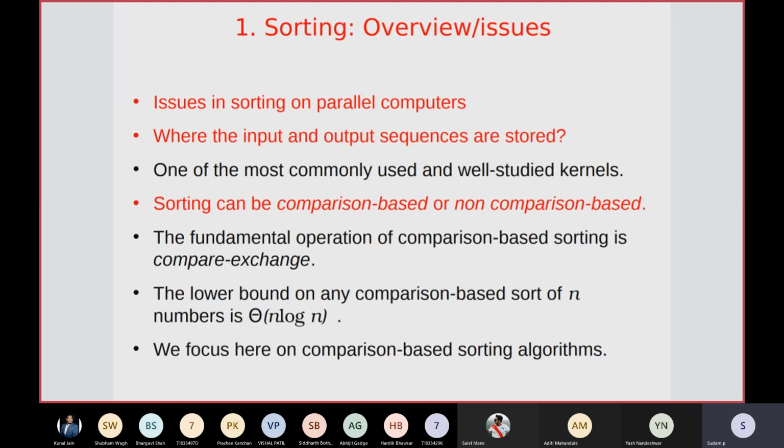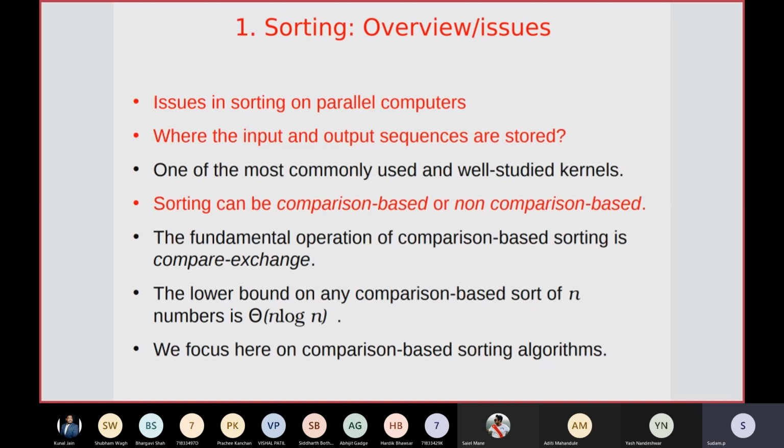A particular processor may have a single element, or a group of elements, or a specific sequence.